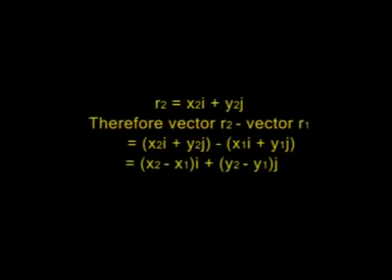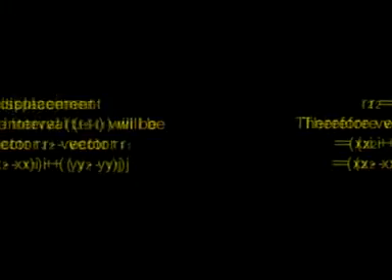Therefore, vector r2 minus vector r1 is equal to (x2 i plus y2 j) minus (x1 i plus y1 j), which is equal to (x2 minus x1) i plus (y2 minus y1) j.